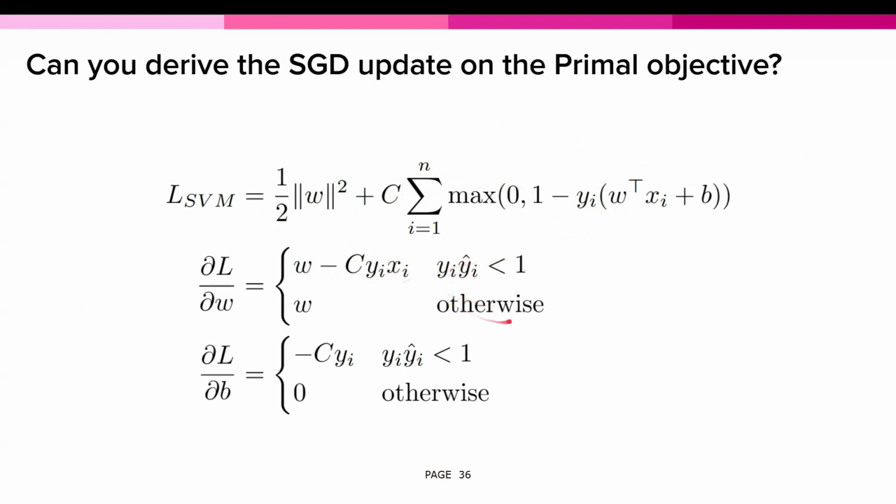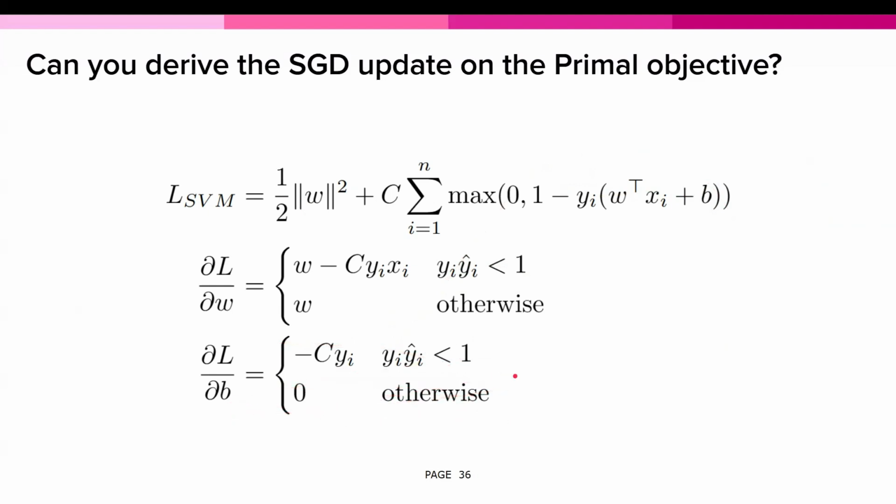And then otherwise, the gradient is just the weights. So it's kind of interesting. In the SGD update, we would always be subtracting the weights a little bit. And then with the gradient with respect to the bias, we could do something similar. Then we'd have minus C yi, and that's our gradient update. But then it would be zero otherwise.